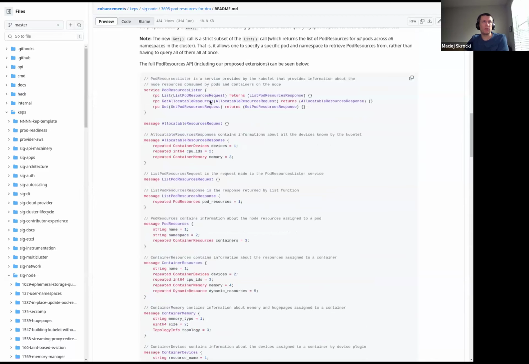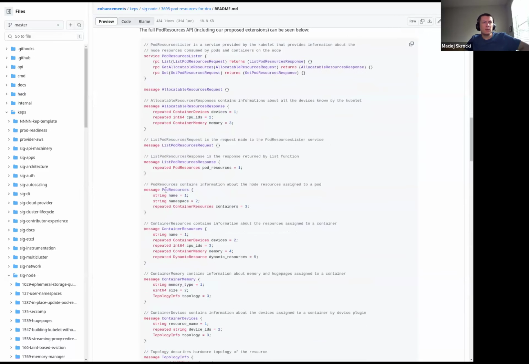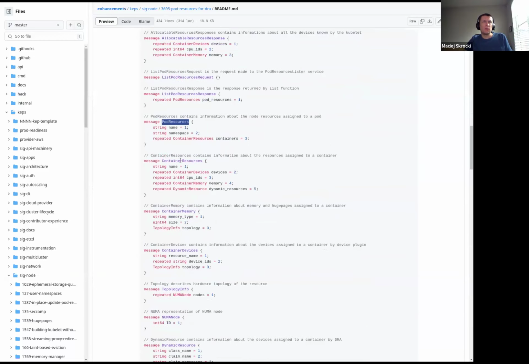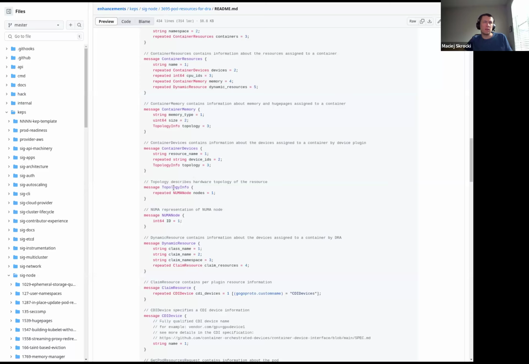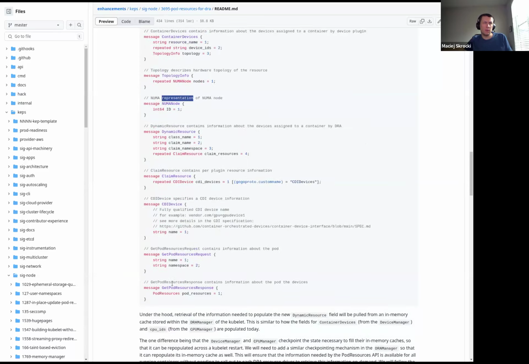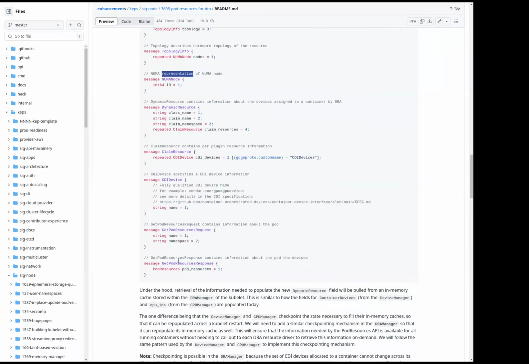Proposed API. So I'm confused about the pod resource namespace. This is a gRPC API, right? Kind of confusing: container resource, container memory, container device, topology info, NUMA node. But where does it belong to? Get resources.